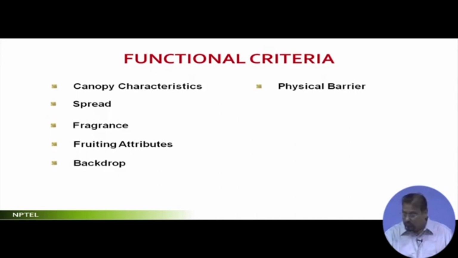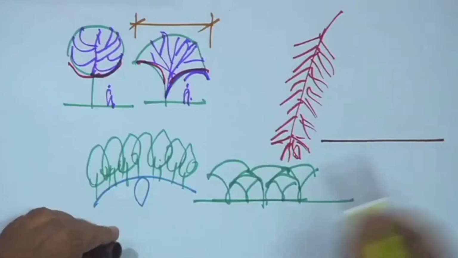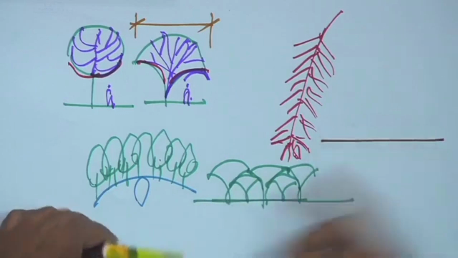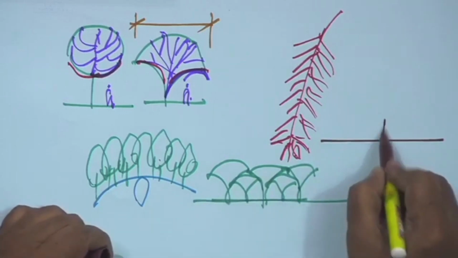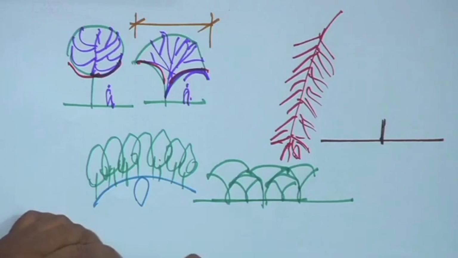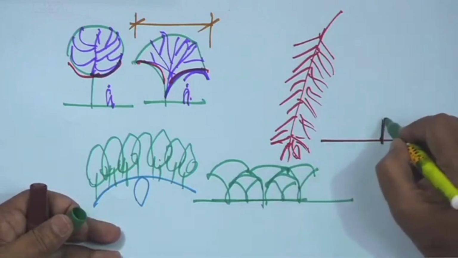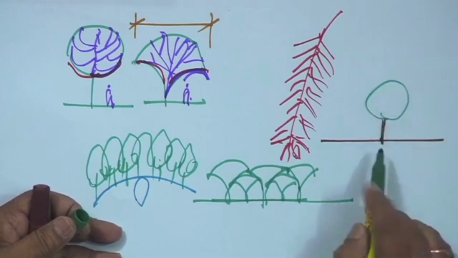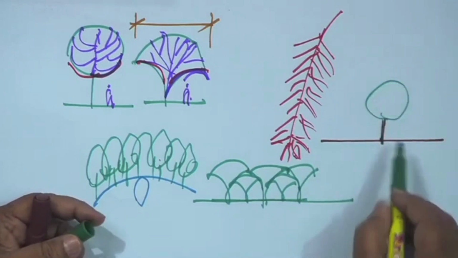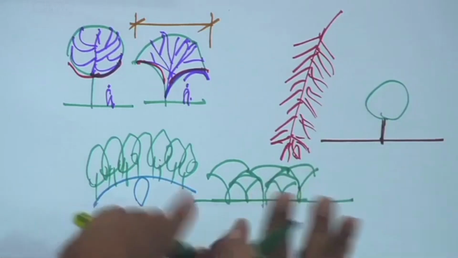Physical barrier means you can always plant your trees in such a way that you are going to obstruct. This is a place where one could move from this point to this point, and at this place you plant trees. Now let me draw two situations. One is that I plant a tree here. This does not make any physical barrier because people can pass through between the trunks.